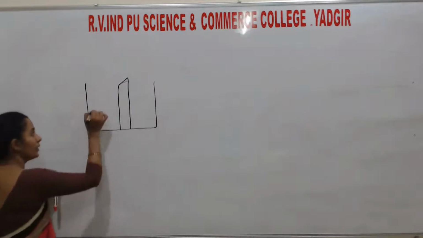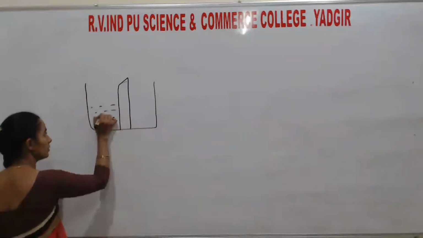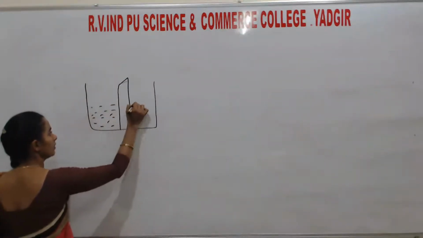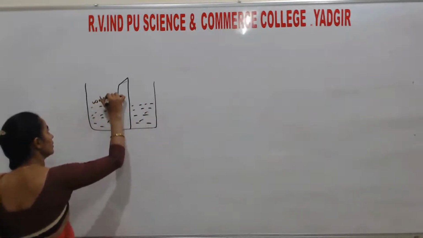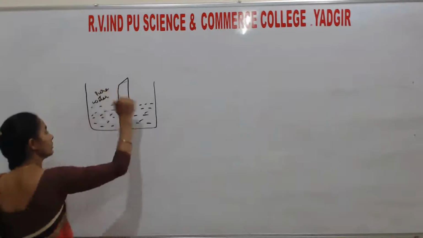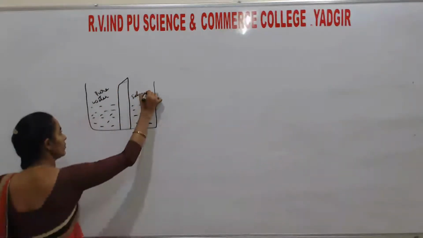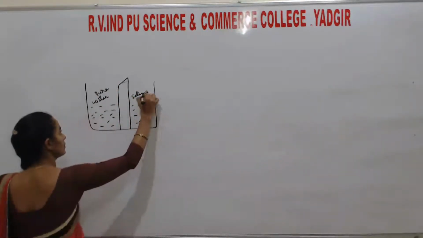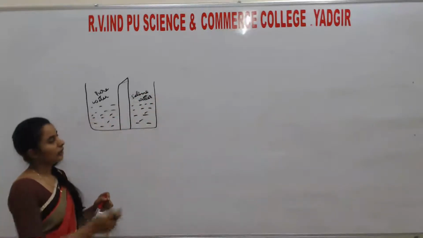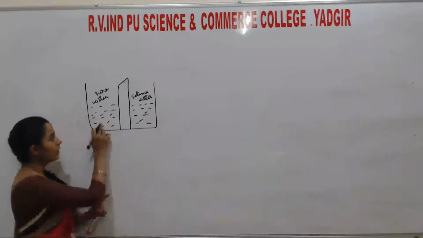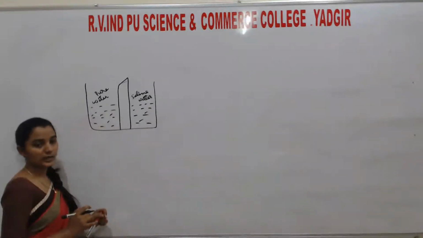Assume, okay, here pure solvent is there. This is water, pure water. This is saline water. Saline water means solute particles are there along with the water solvent. Here only solvent particles are there, pure.